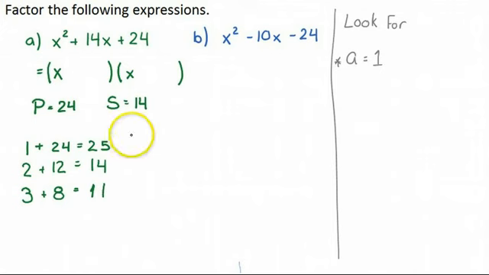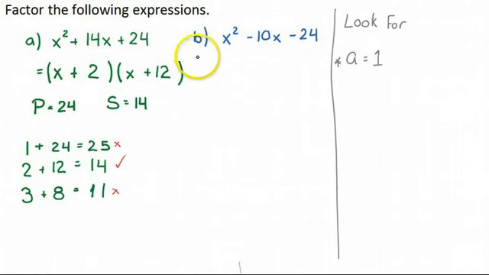And then what we do is look and notice, well, the sum here is 25, so that's no good. Sum here is 11, so that's no good. The sum is 14, perfect. So then we can quickly just put right in here x plus 2, x plus 12, and we're done.